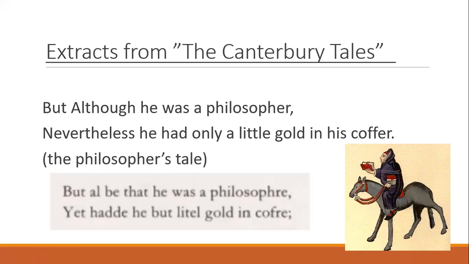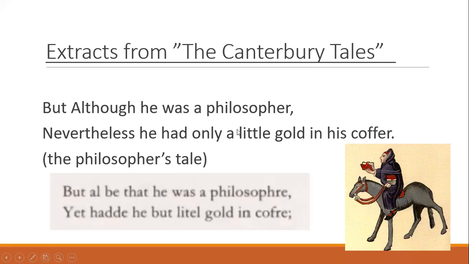Let's see the theme. Here he's saying, but although he was a philosopher, he only had a little gold in his coffer, like his drawer. So this philosopher did not care much about money. He only cared about his knowledge. He was a philosopher.